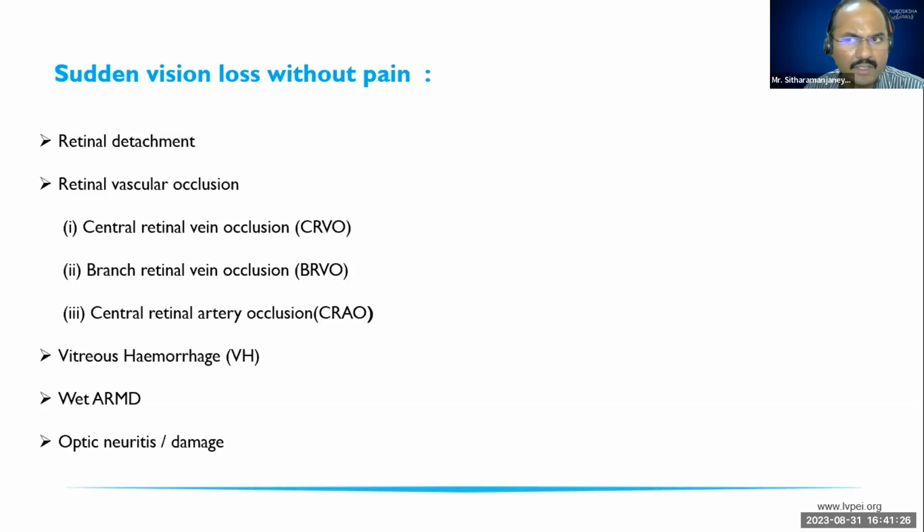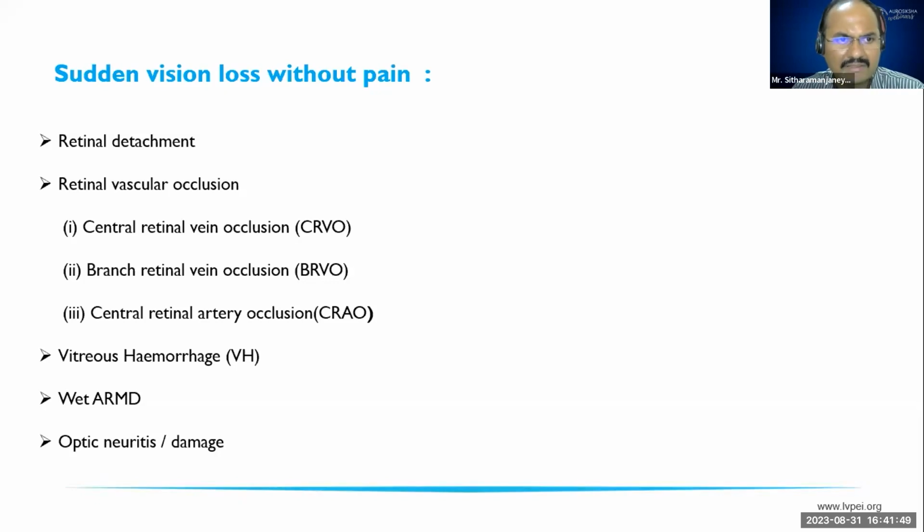For example, retinal detachment and retinal vascular occlusion. We all know that the retina has veins and arteries. If any vascular occlusion happens, the retinal functioning will decrease and the patient will notice blurred vision or sudden loss of vision.